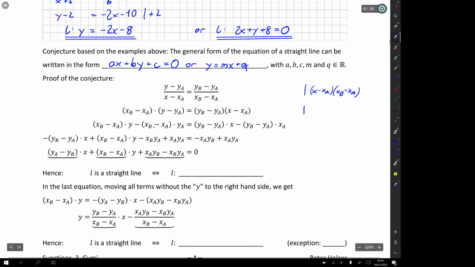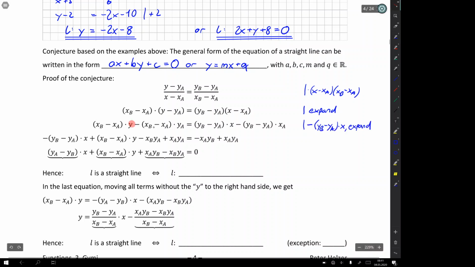Now we expand the expressions on the left and the right hand side, and we subtract this expression on both sides. So we get minus (yb minus ya) times x here on the left side. On the right hand side it disappears.